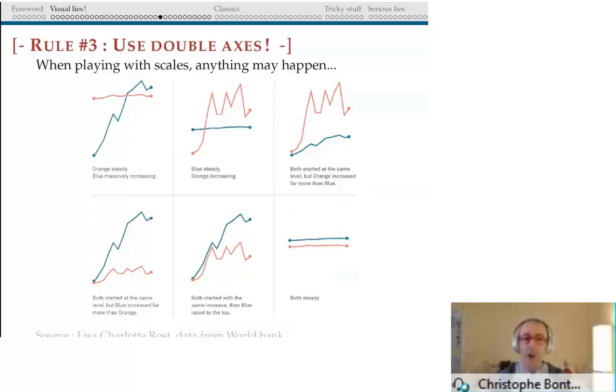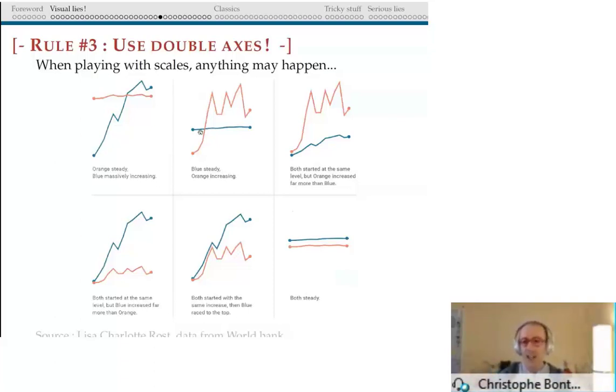For example, if you enlarge the right scale, you have a flat line for the Germany GDP, while the other line is massively increasing. Or if you do the contrary here, you have the GDP of the world that is flat and the GDP of Germany that is increasing.